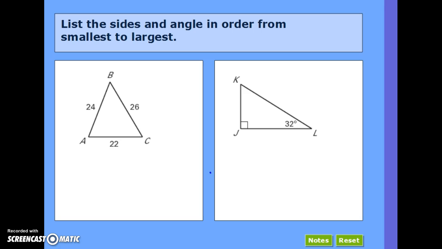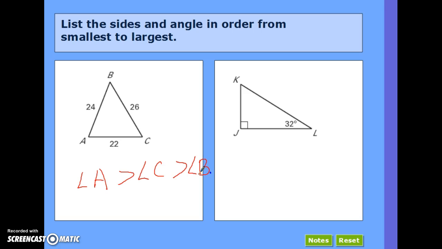And you can try these two questions on your own, see if you can get it right. And the first one will be angle A is bigger than angle C, and it's bigger than angle B. And the second example, we have to find angle K first, since that angle measure is missing.